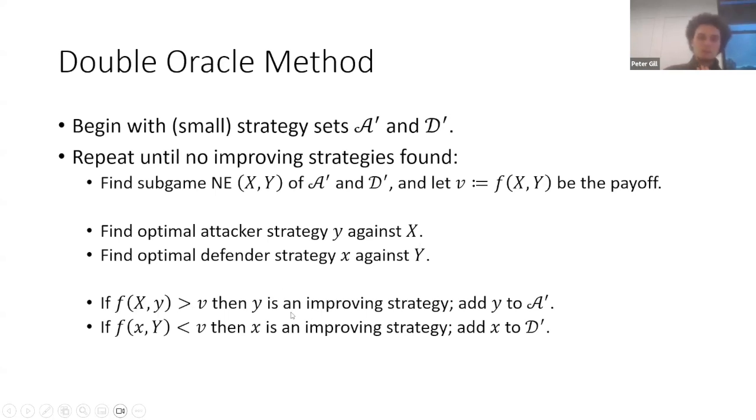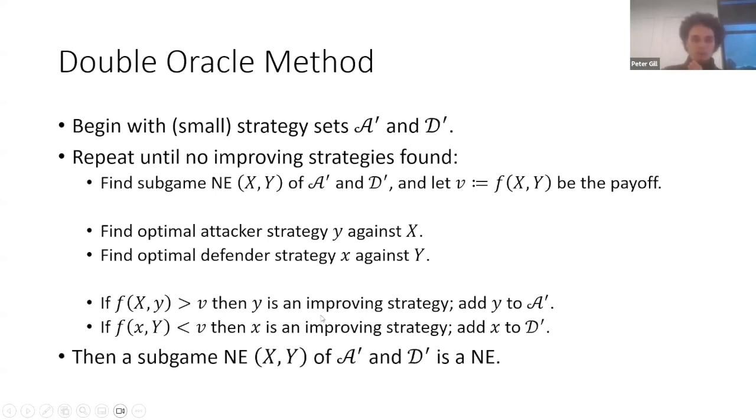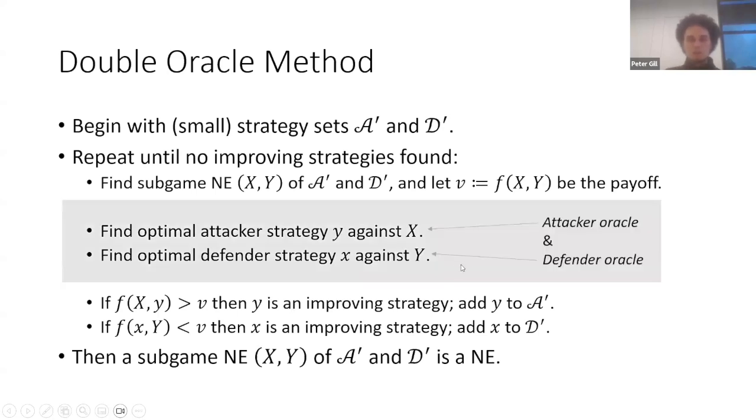And then if I made an improvement, then I add it to my strategy for both players, respectively. And once I find no improving strategy, so if it just happens that the optimal attacker strategy is as good or worse than that current V, then I know I can't do any better globally, and I can stop there. So we're going to focus in on these two parts here.